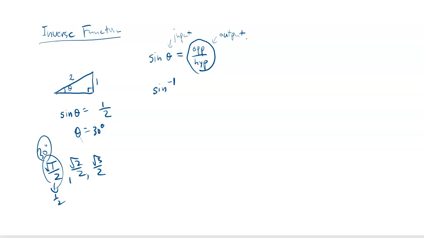So sine inverse would take in the opposite over hypotenuse ratio as the input, and it will give you back what angle that is. That's a very useful function, because a lot of times, sometimes you're given the ratio and you want to know the angle. To do that, you need to use the inverse function.